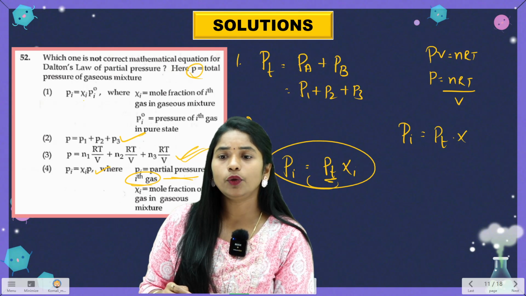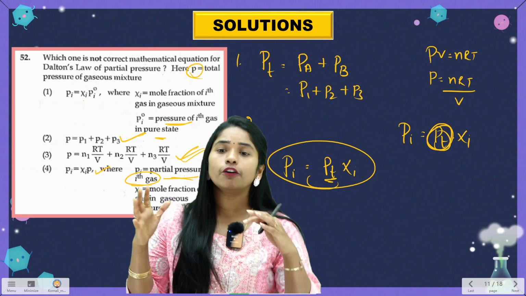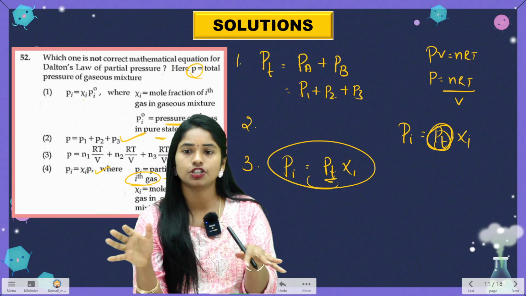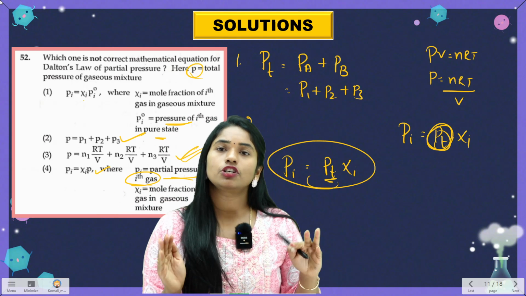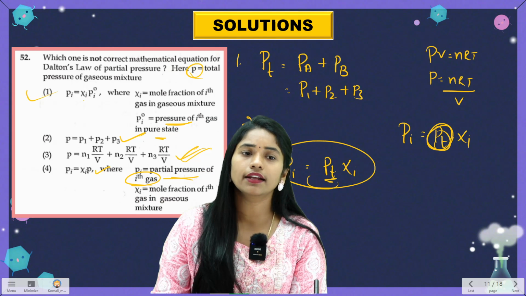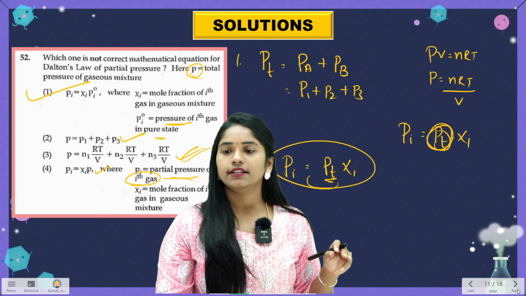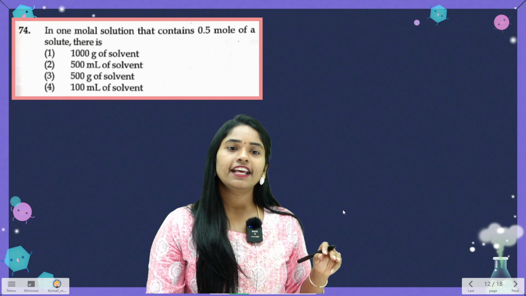If you are taking this, P total should be the total mixture pressure, not the pressure of a particular pure state. That's why that option is incorrect. They were asking for the incorrect one in the question. That's why option 1 is the wrong answer. Is it clear? Now see the next question.